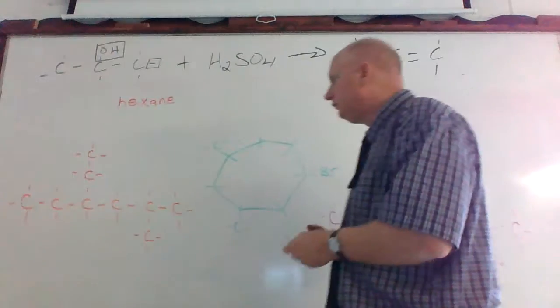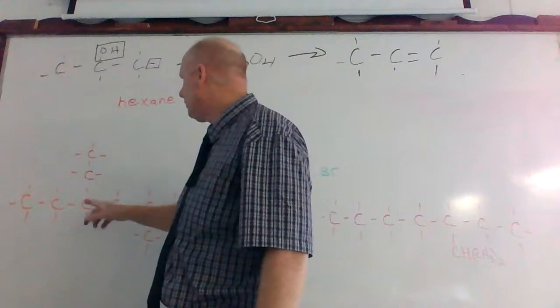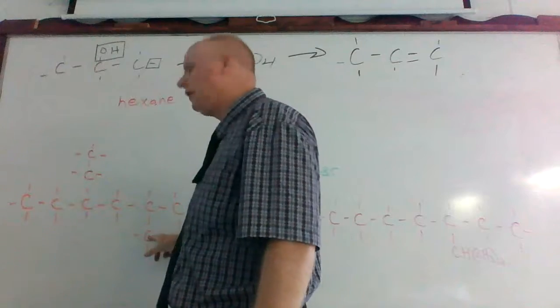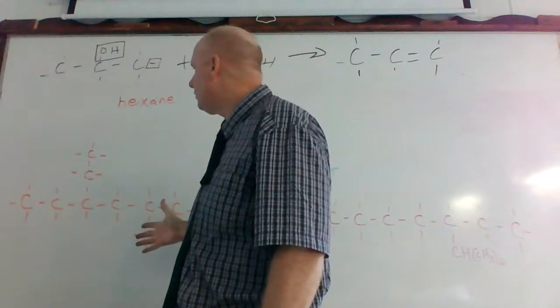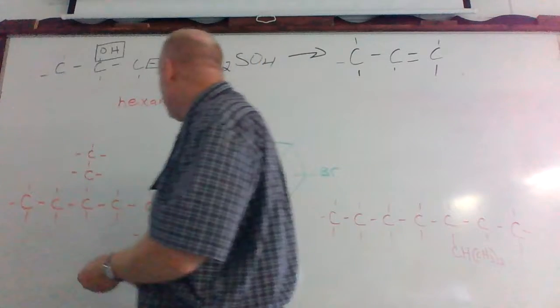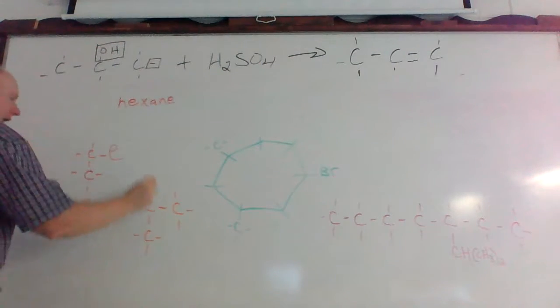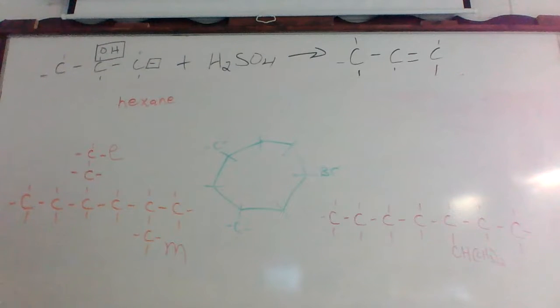Then you might think, well, what about if it branches like this? Let's see. 1, 2, 3, 4, 5, 6. It's still 6 carbons, so we got hexane. Now we've got an ethyl group, like you said, and a methyl group. So how does it go? What comes first? The ethyl comes first, even though it's got a bigger number, because this comes before that.